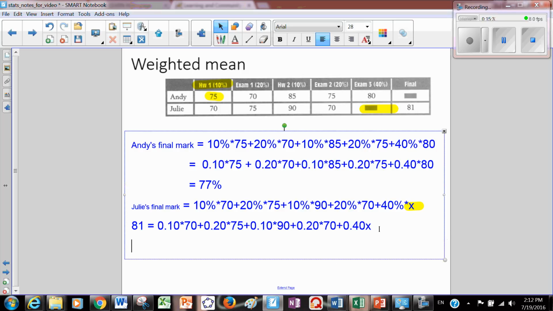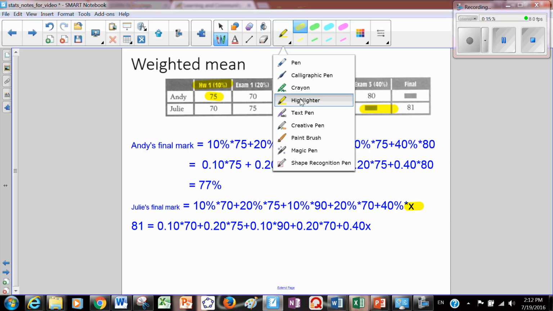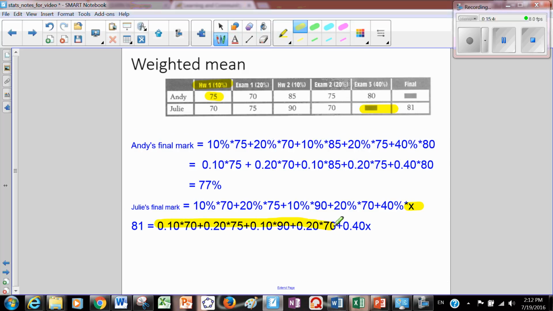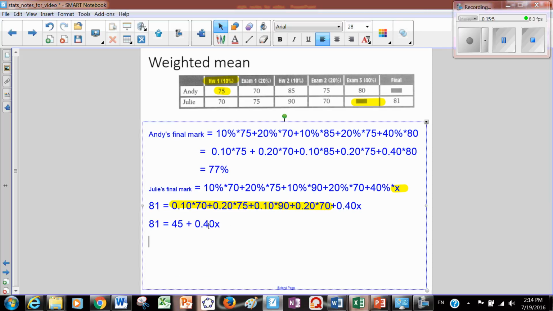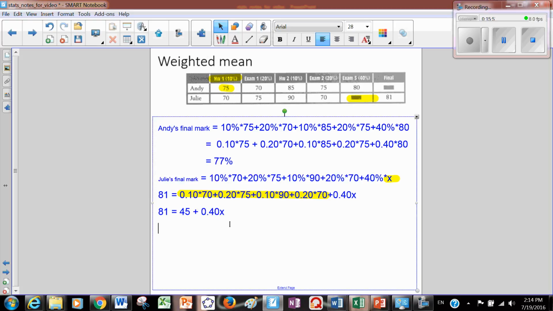So what do you think we need to do to figure out x? Well, if you look at what we have, all of this is just a big number. So let's take our calculator and calculate that. If you're adding all the numbers together, you should get 45. And now we're looking for x. So what do we do when we want to find x? We need to get rid of the 45 here. So we're going to send it on the other side.